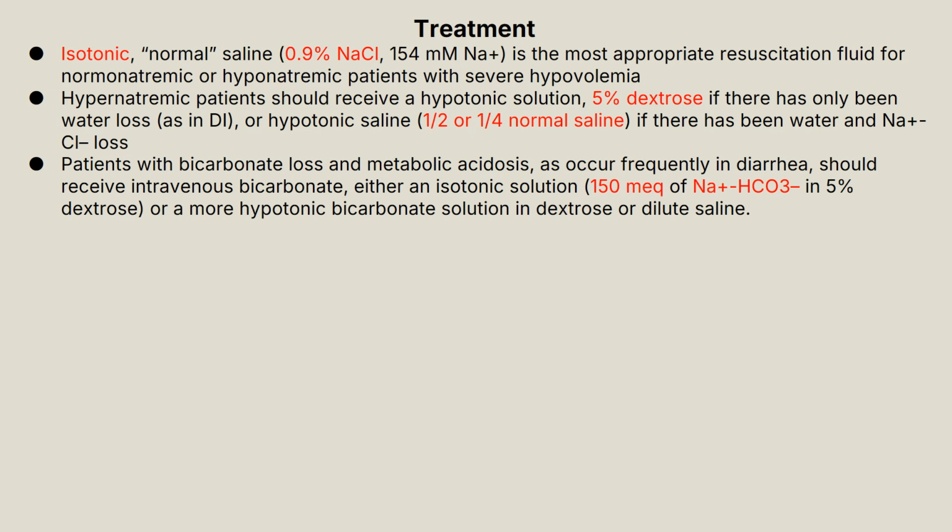Patients with bicarbonate loss and metabolic acidosis, as occurs frequently in diarrhea, should receive intravenous bicarbonate either in isotonic solution, 150 milliequivalents of sodium bicarb in 5% dextrose, or more hypotonic bicarbonate solution in dextrose or diluted saline.